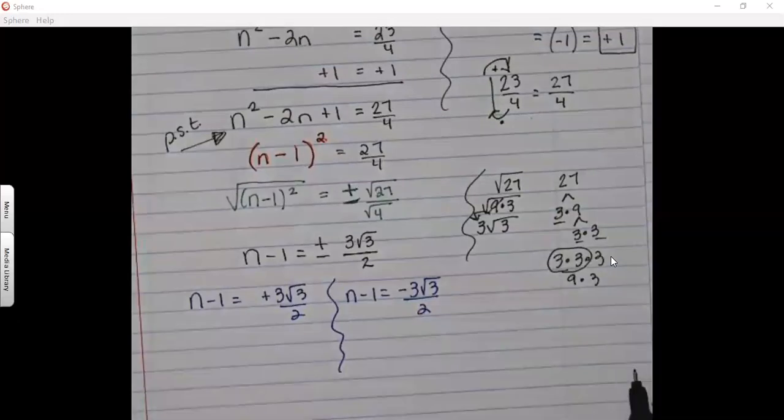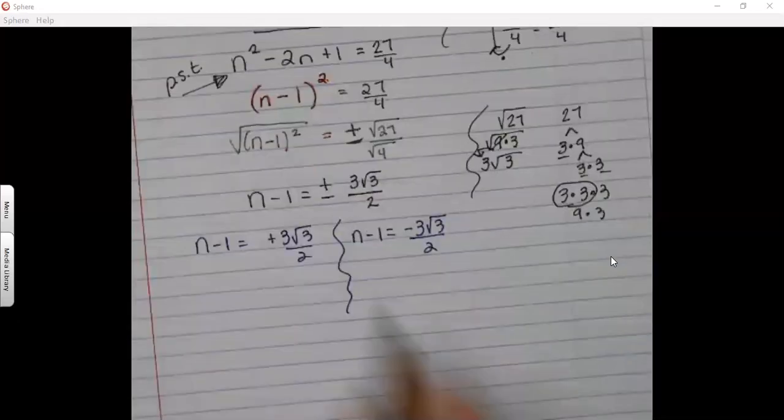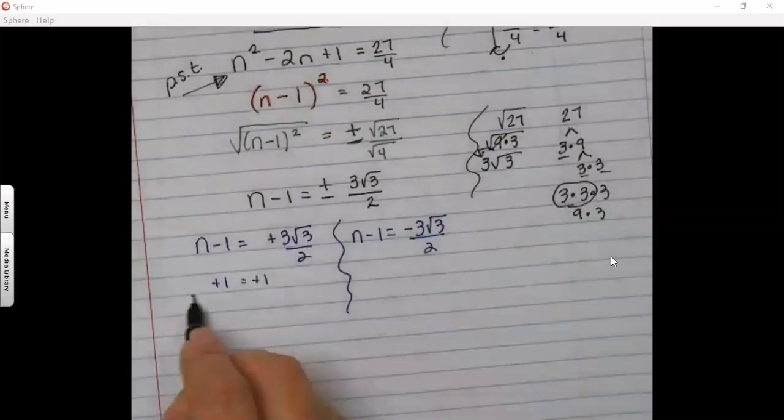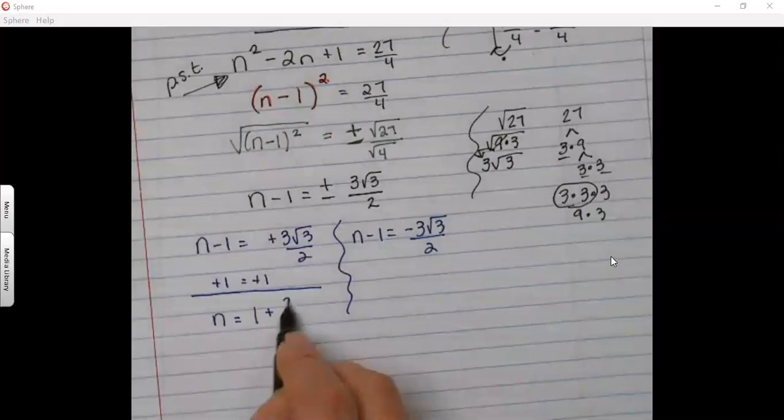So we're trying to get n by itself, solving an equation. On my left equation, I'm going to add 1 to both sides. And I get n equals 1 plus 3 times the square root of 3 quantity divided by 2.